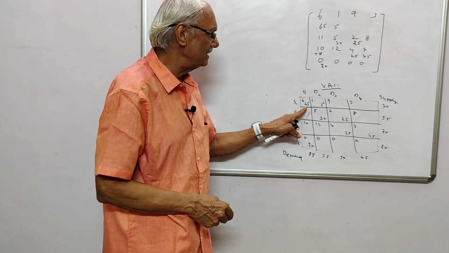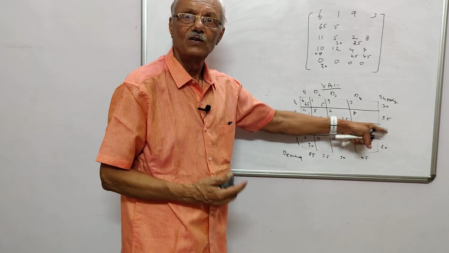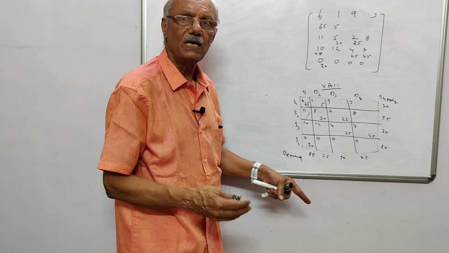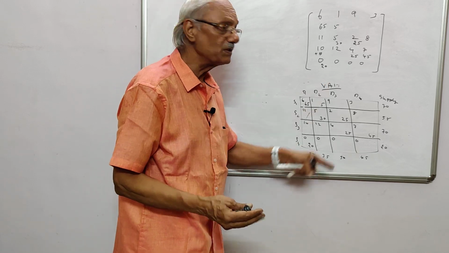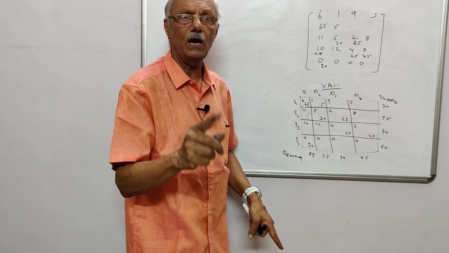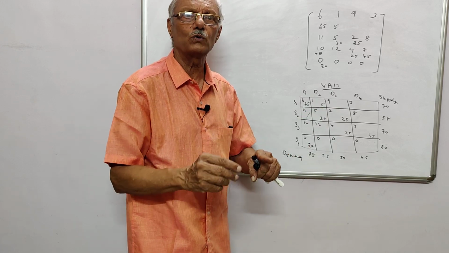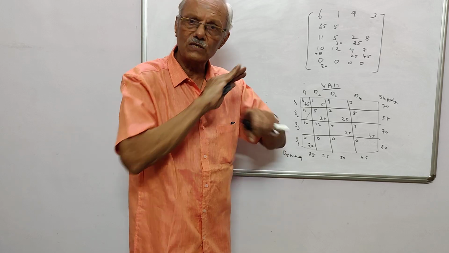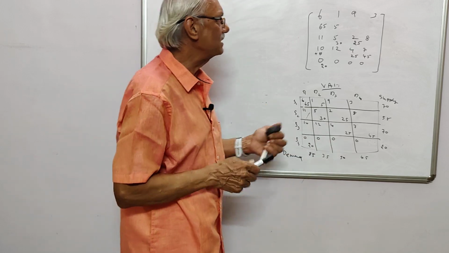See, 65 plus 5 is 70. So your rim condition is satisfied. 65 plus 20 is 85. Rim condition is satisfied. This must be true for all rows and columns. So if you go for reallocation also, your reallocation must be done in such a way that the rim condition is not violated.